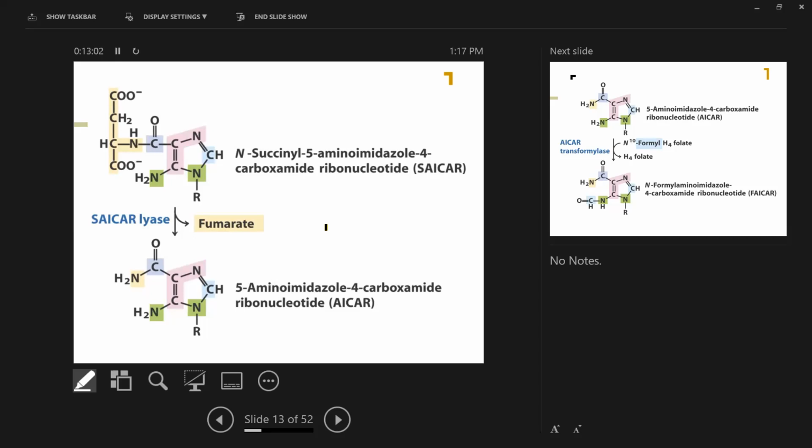Boy, we're almost there, aren't we? We just need a carbon. Well, where are we going to get a carbon from? We need to make a ring out of this. What'll react nicely with the nitrogen?